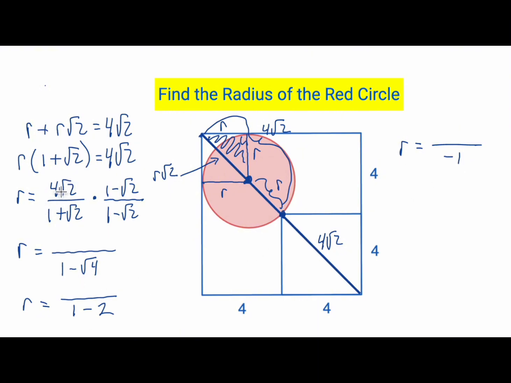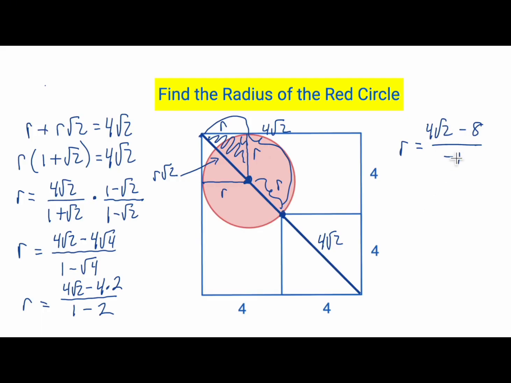Now up in the numerator, we're going to have 4 root 2 times 1, so that's 4 root 2. And then you're going to have 4 root 2 times negative root 2, so that's negative 4 root 4. So that's going to be 4 root 2 minus 4 times the square root of 4, which is 2. So that's going to be 4 root 2 minus 8 up in the numerator.